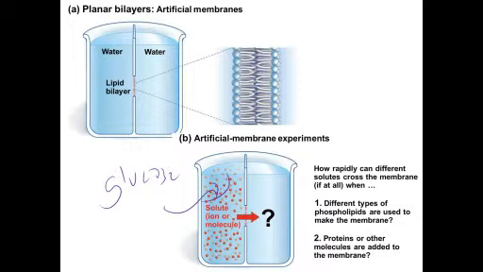So all these little particles are glucose. If this is a bilayer, what is going to affect the ability for glucose to go from this side of the container to this side?